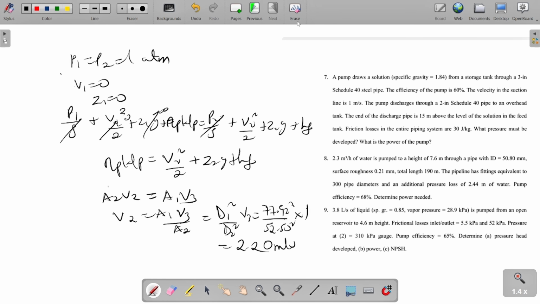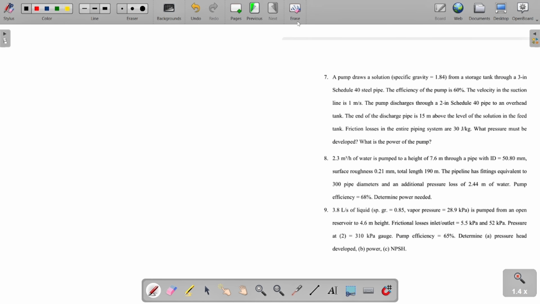So right now I have that one, so it becomes very easy for me to put inside my Bernoulli's equation and solve. So I'll have PWP equal to 15 times 9.81, that's the Z2 times G. Then V2 is 2.20 squared divided by 2. Then HF is 30.